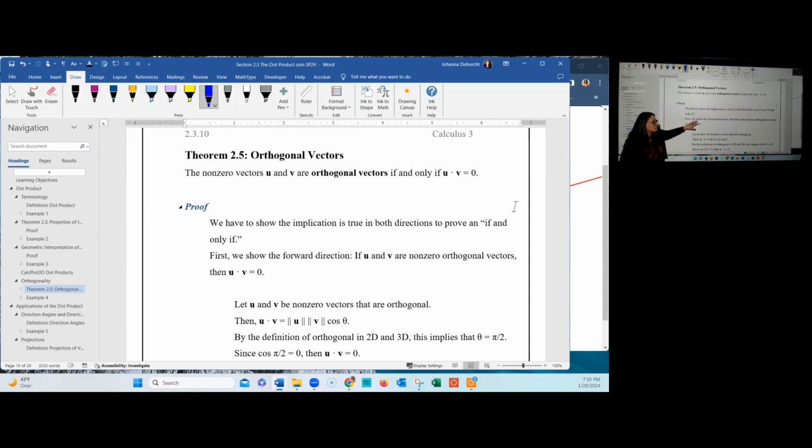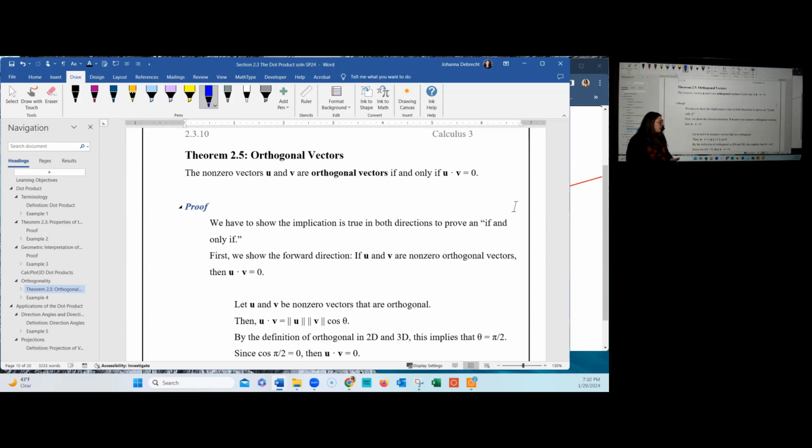So first, we're going to show the forward direction. u and v are non-zero vectors and they're orthogonal. We want to show the dot product is 0. Since they're non-zero vectors, their magnitudes are not 0. Well, then the only way that the dot product can be 0, given the formal definition, is if the cosine of the angle is 0.